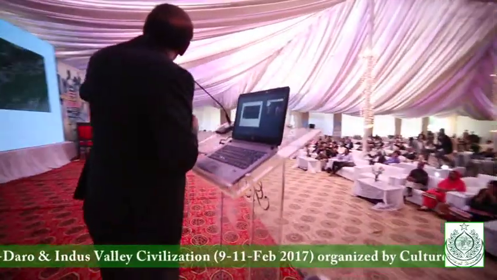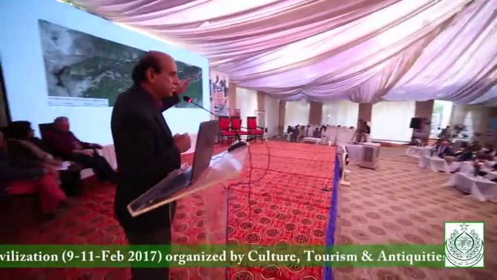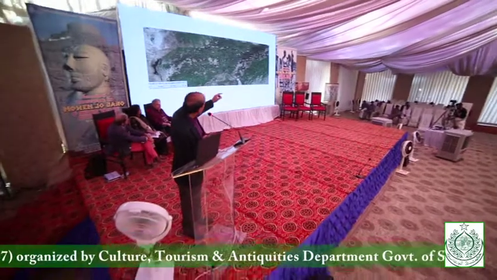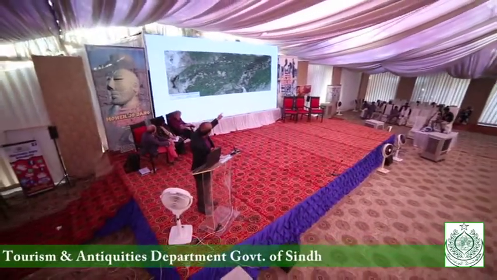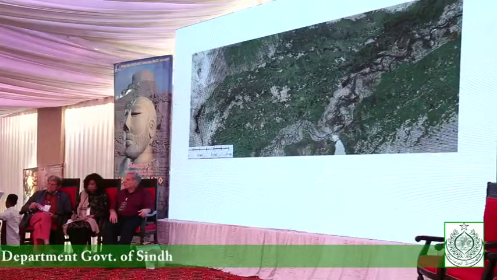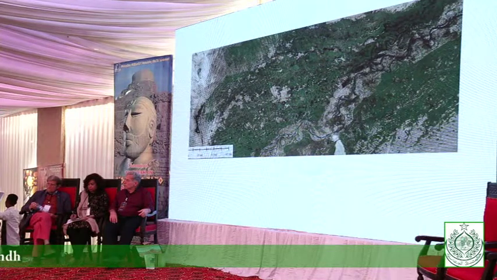So this is a larger image. If we go into further detail, this is a satellite image of Mohenjo-daro. This is the behavior of the Indus when it enters Sindh. We can see there are a lot of meanders and its channels to the west of the present course. What does it show?